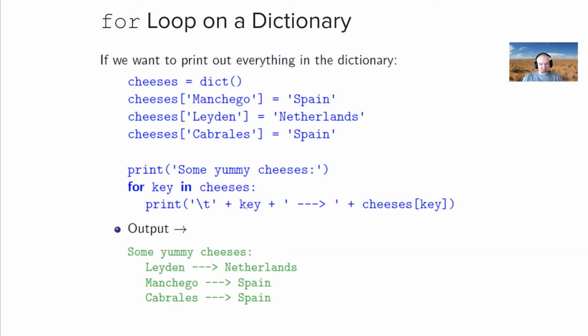If you're printing key plus an arrow plus cheeses key, you're saying print the key, then an arrow, and then the value for that same key, right? In the first iteration of the loop, key will have the value Manchego, and so you're printing Manchego, arrow, Spain, because that's the value of cheeses Manchego, right? And again, this is what you have down here. Again, not in the correct order, but you get it at this point, hopefully.